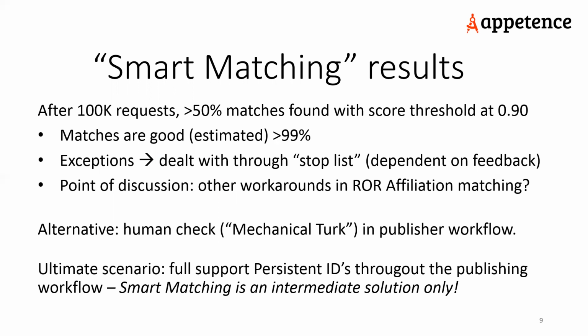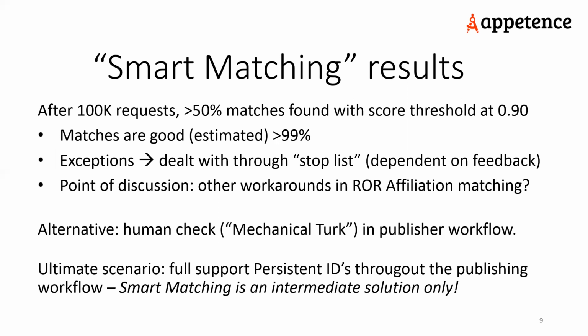Is that ideal? No, of course not. So we're still looking at other workarounds in the ROR affiliation matching. We've raised an issue. It's there in the community forum. So we hope that in the near future we can improve this mechanism to also catch those exceptions.